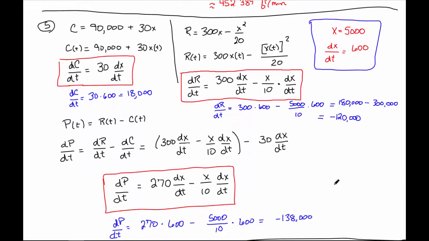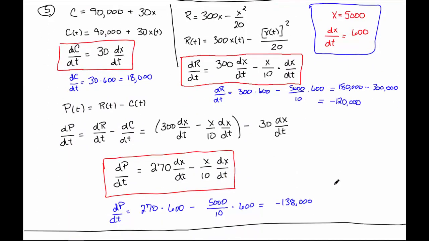All right, in question 5 and 6, we're looking at some business problems. We have a cost function. So here's my cost function. It is time dependent, so C of t, and my x, my production, is also time dependent. And so when I differentiate with respect to time, I get dC/dt.